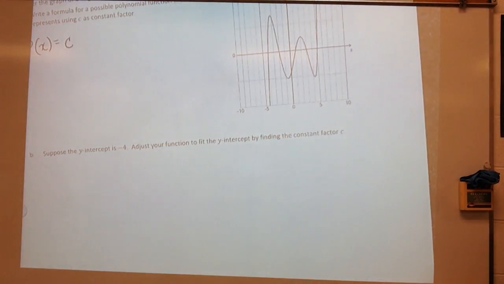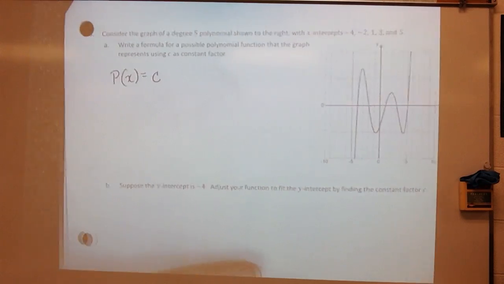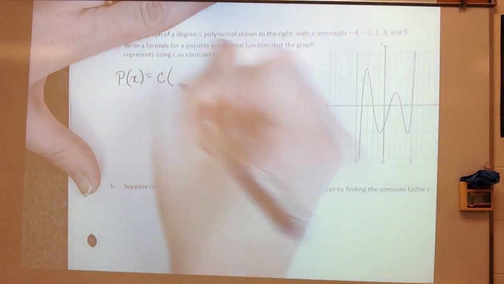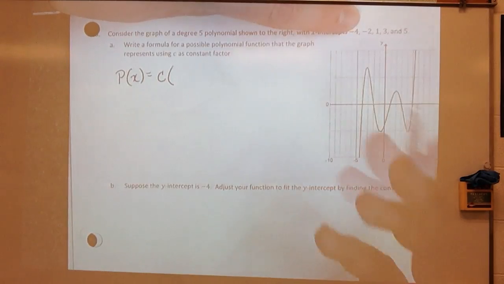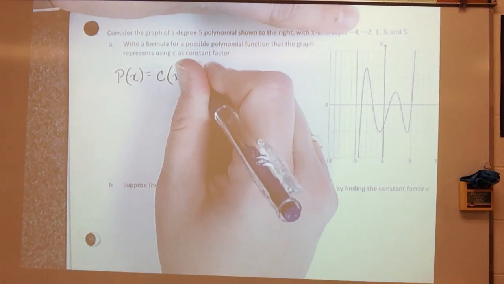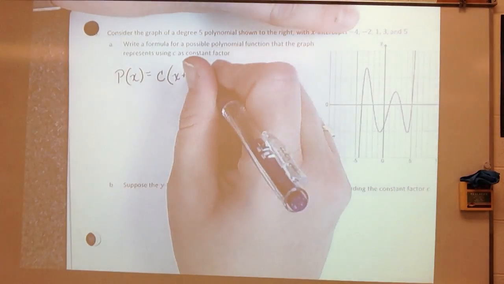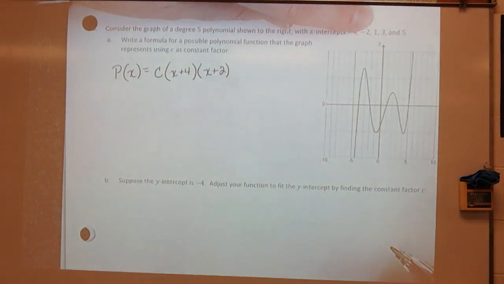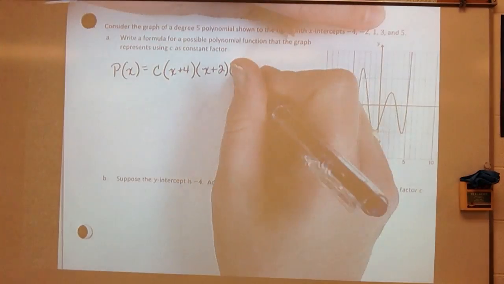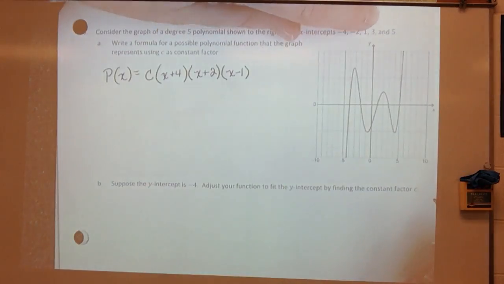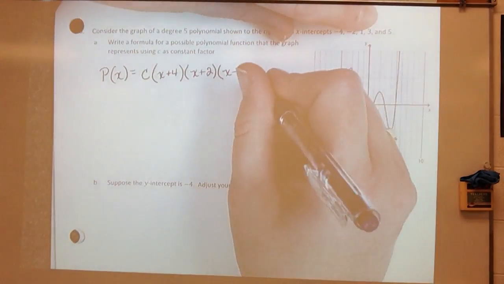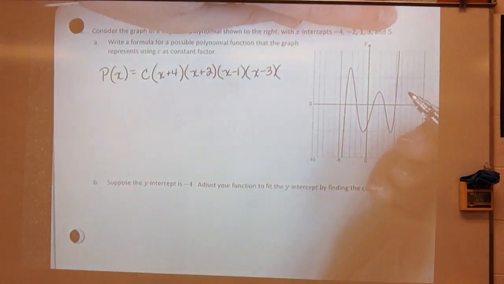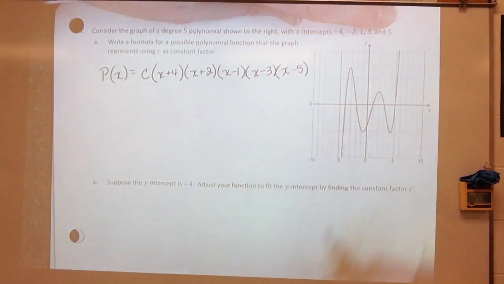I'm going to start out by saying that C is going to be multiplied by everything. Now we have a 0 at -4, so x plus 4, times a 0 at -2, x plus 2, times a 0 at 1, so x minus 1, times a 0 at 3, so x minus 3, times a 0 at 5, so x minus 5.